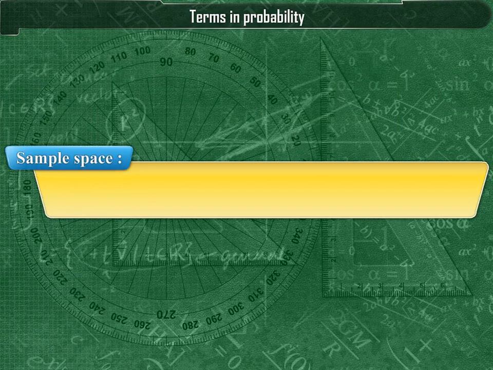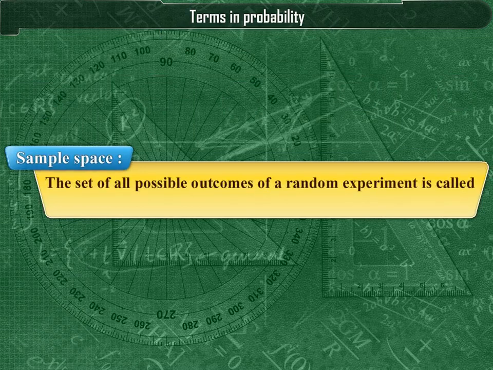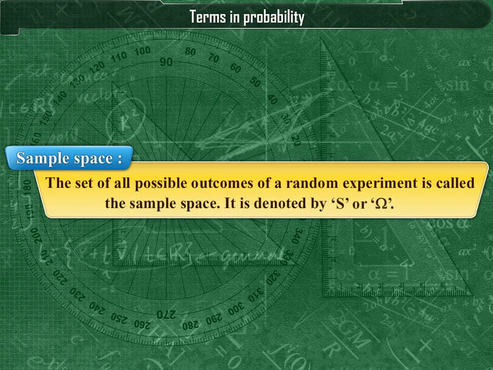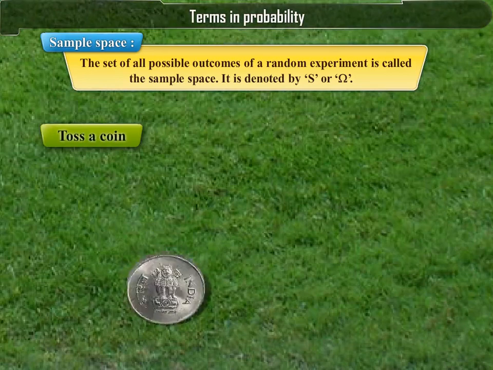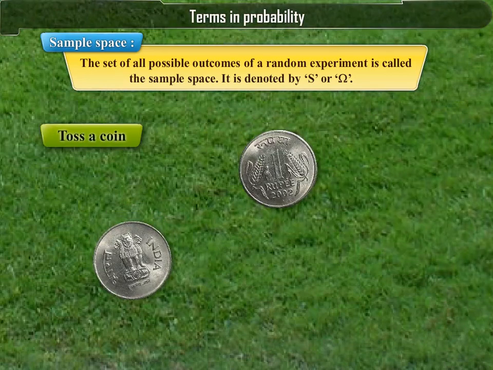Sample space. The set of all possible outcomes of a random experiment is called the sample space. It is denoted by S or omega. For example, when a coin is tossed, the possible outcomes are head or tail.